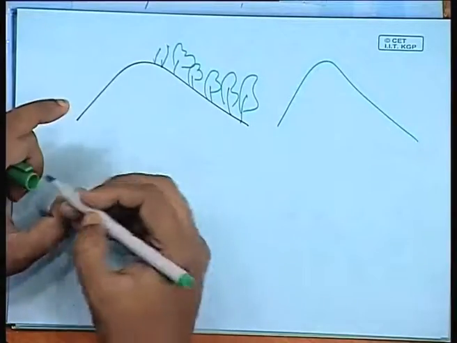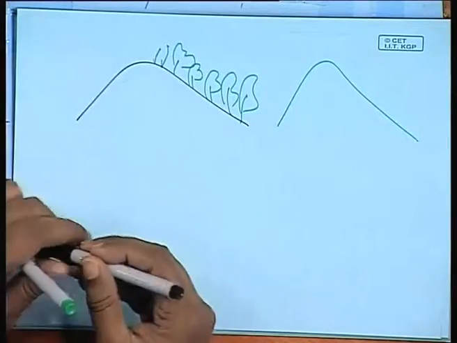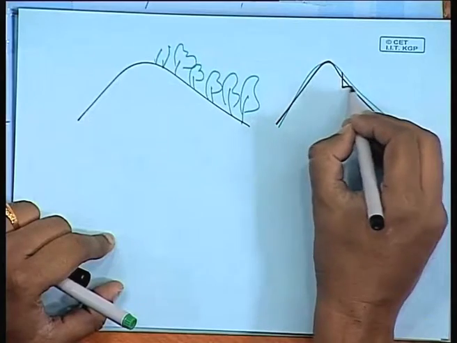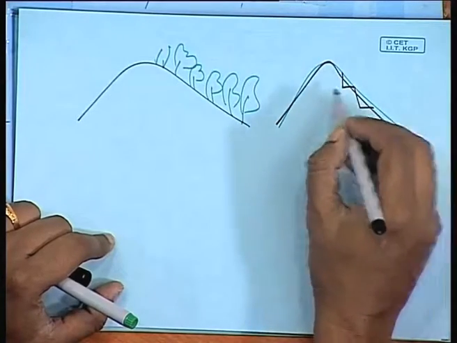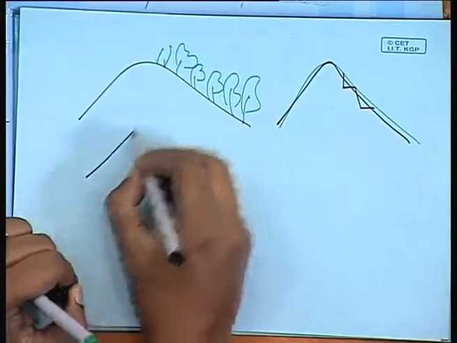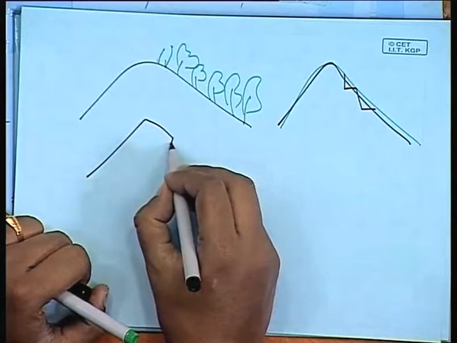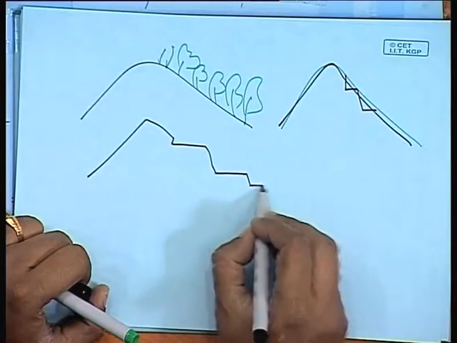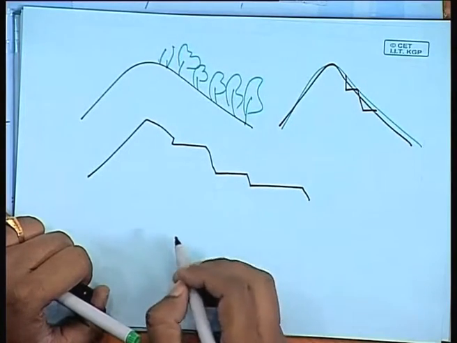So they do cultivation on that area, mostly a step kind of cultivation. This is called jhum cultivation in those areas.